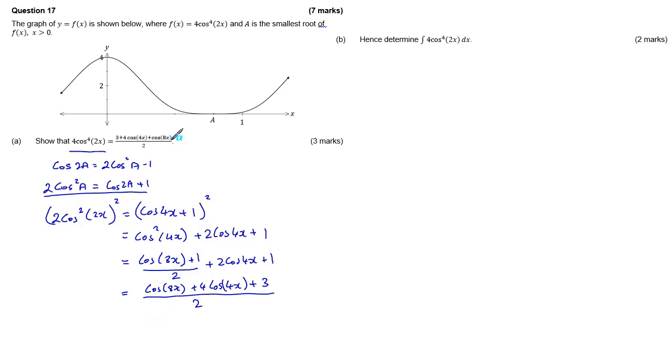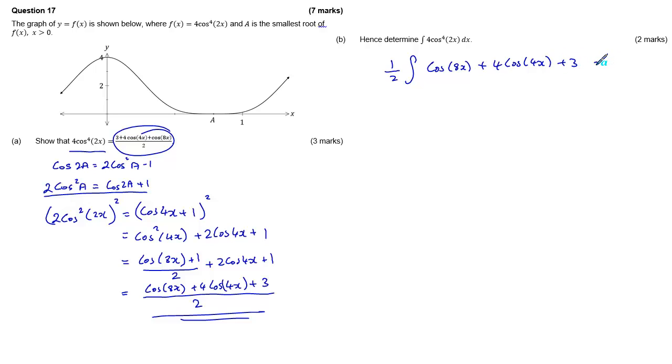And that's exactly what we were trying to show just here. Hence we want to determine this integral. Well, the integral is going to become half of the integral of cos 8x plus 4 cos 4x plus 3 dx.